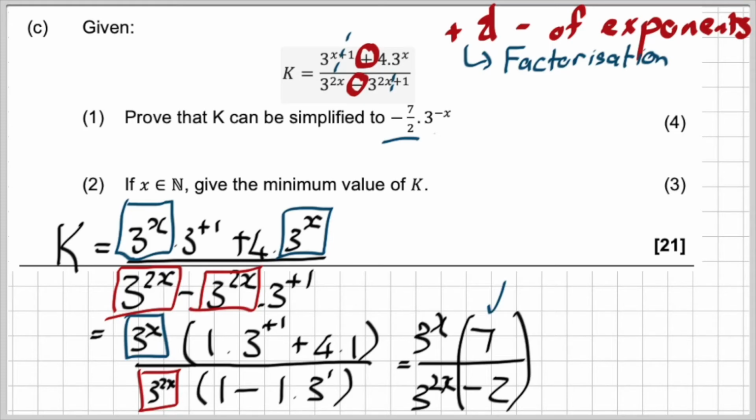Now, what must I do with those 3's? Well, I can apply law 2. So I can say that is 3 to the x minus 2x, and I've just moved the 7 over negative 2 to the front. Now, what is 3 to the x minus 2x? Well, that's just 3 to the negative x.